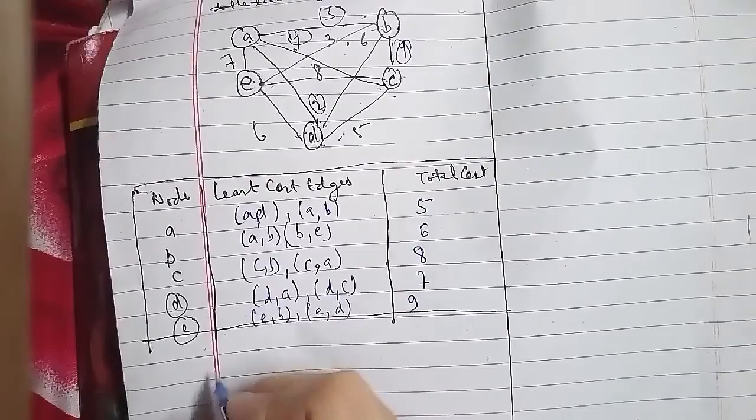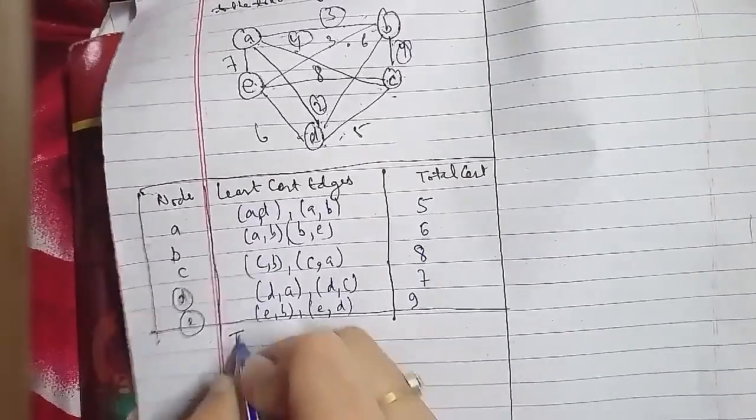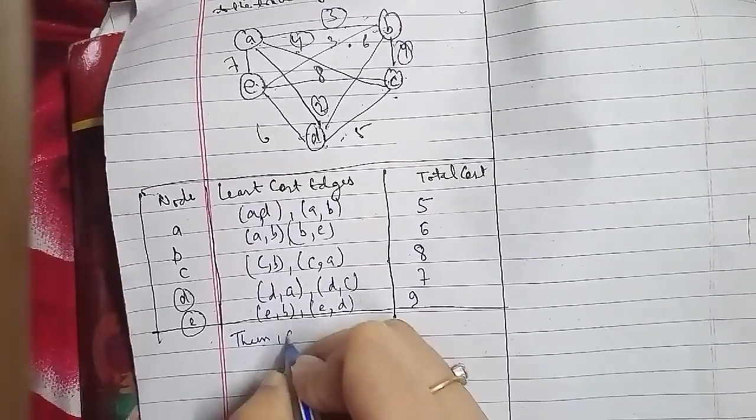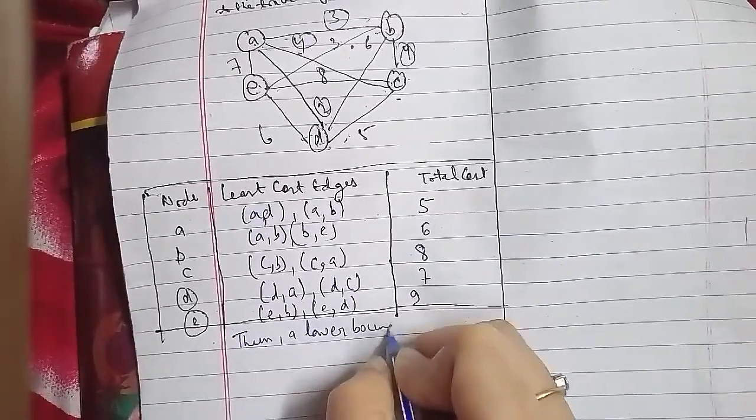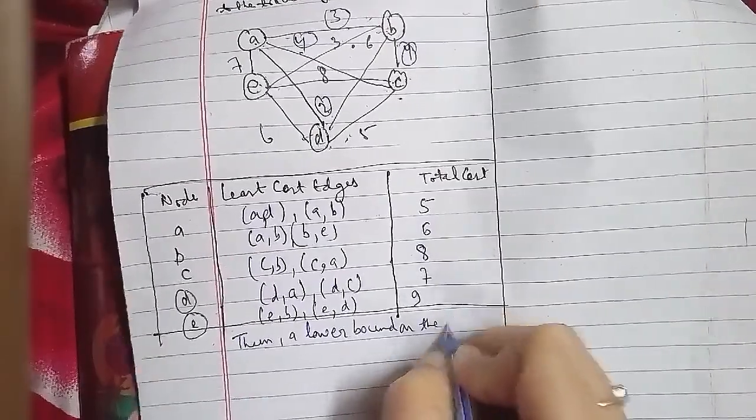Okay, so this is what we have to find. This is an example of a complete graph with 5 vertices, and now we'll discuss the min-max algorithm with an example as well. So let's go ahead.